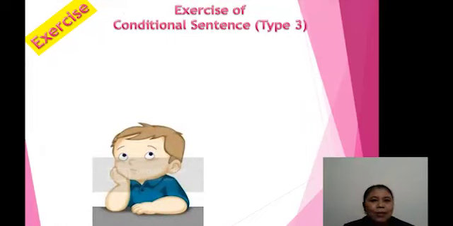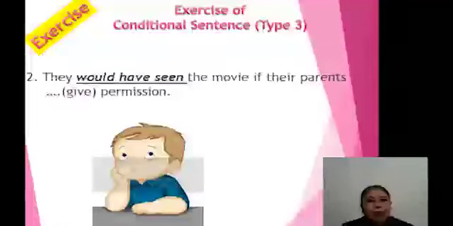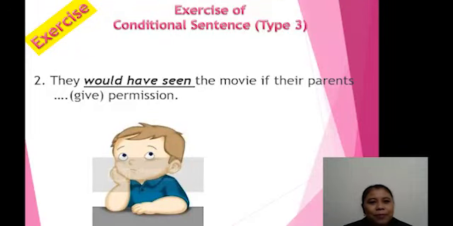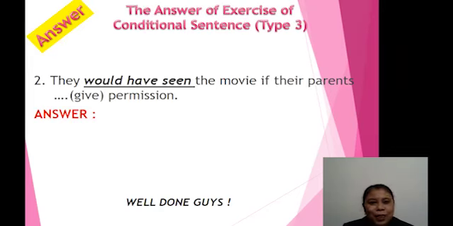Okay, let's go to exercise number 2. They would have seen the movie if their parents give permission. I give you the time to think. Are you done? Okay, let's check the answer.